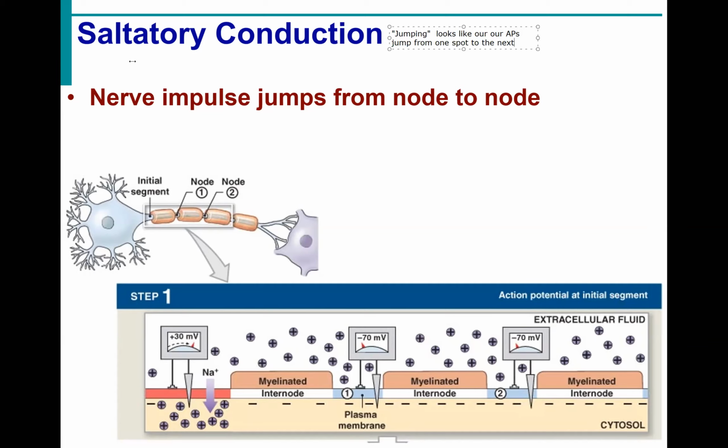Now, of course, saltatory conduction requires myelination. And of course, as I'm sure you remember from the last class, the cells that are responsible for that myelination in our central nervous system are the oligodendrocytes, and in the peripheral nervous system are the Schwann cells.